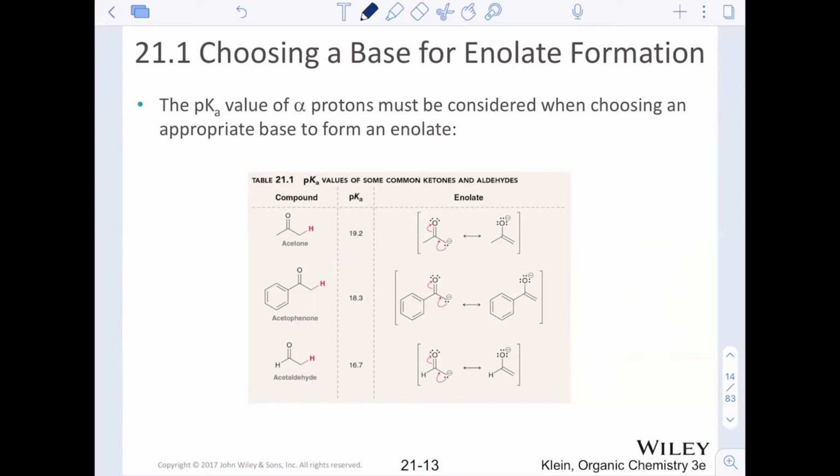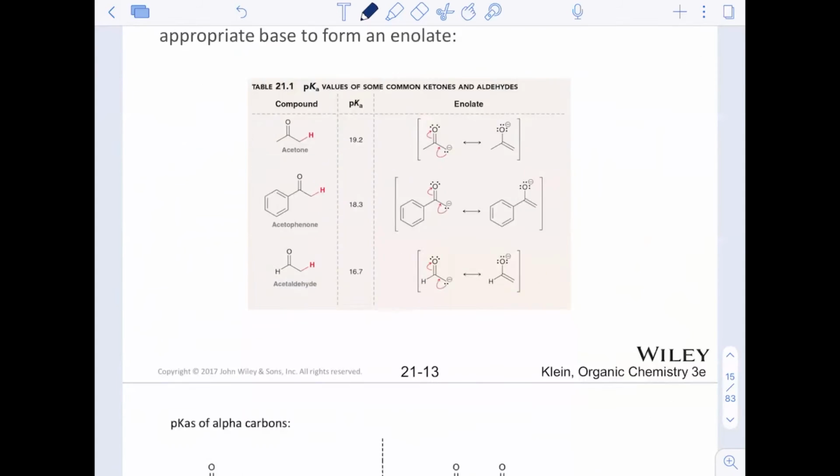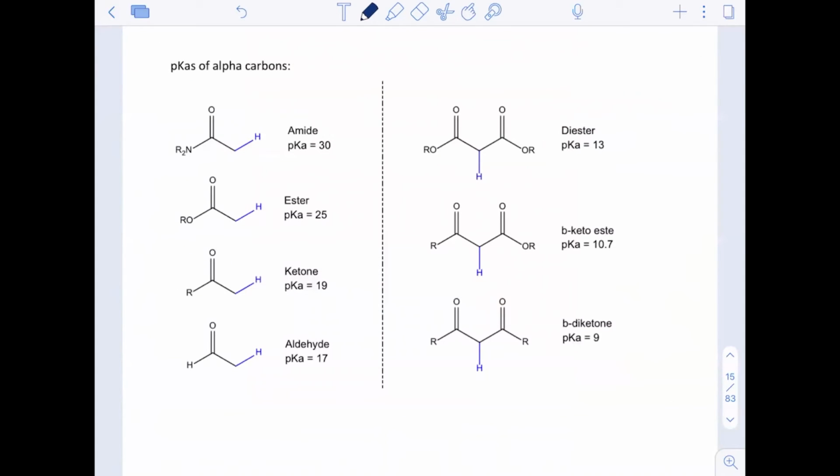Remember, so these pKa values have to be lower than the pKa of the conjugate acid. So let's look at all of our different range of pKa's here for alpha carbons. Notice how all of these are alpha carbons, and we will be seeing a variety of these throughout this chapter.